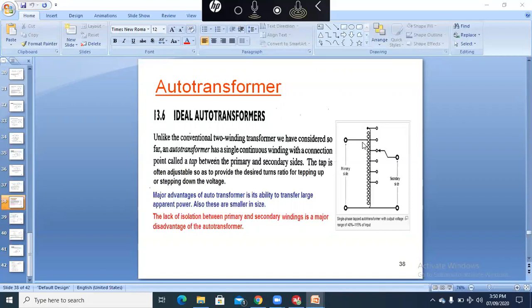So this is the disadvantage of this autotransformer. But the cost of the autotransformer is low because of this single winding, and it's cheap. Also the weight of the transformer is very low.